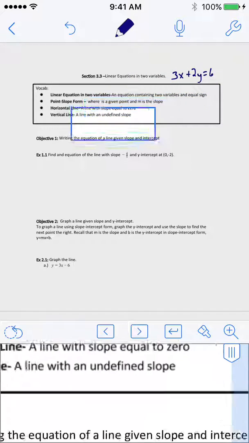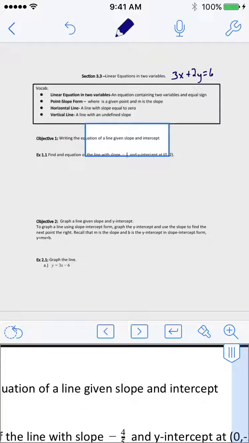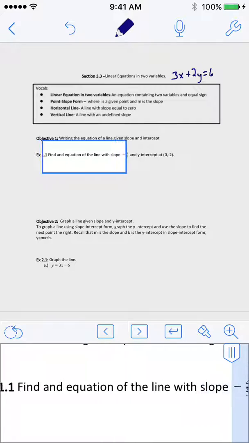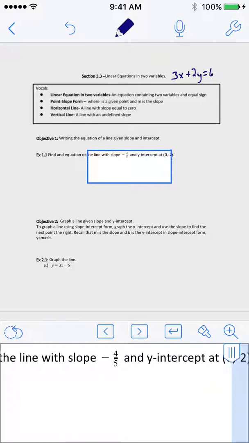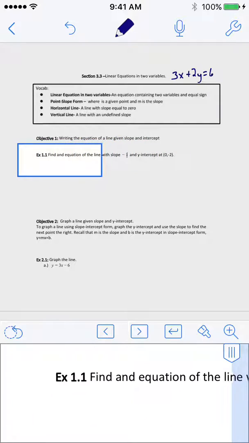Alrighty. Objective 1, being able to write an equation given a slope and a y-intercept. We've already seen something very similar to this, but we're going to review it just because, you know, it sounds like fun. So, example 1.1, find an equation of a line with slope negative 4 fifths and y-intercept of (0, negative 2).